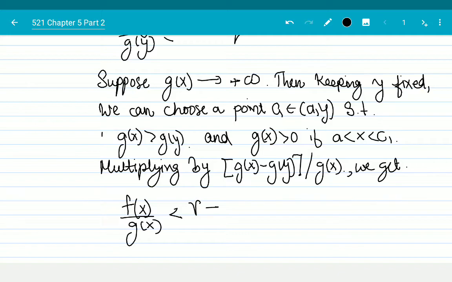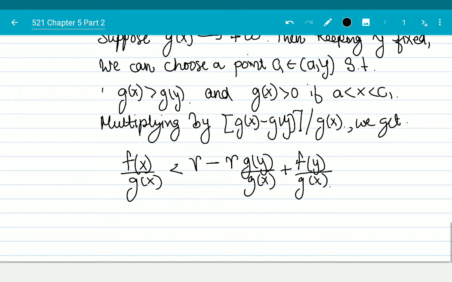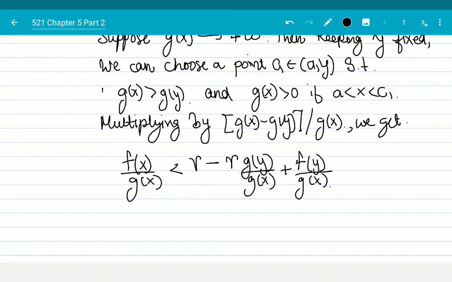So I get smaller than r minus r times g of y over g of x plus f of y over g of x. Okay? Why? Because I multiplied even the right hand side by g of x minus g of y over g of x, which is just 1 minus g of y over g of x. Right?